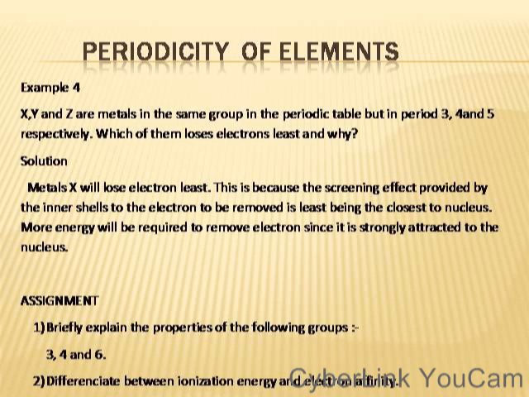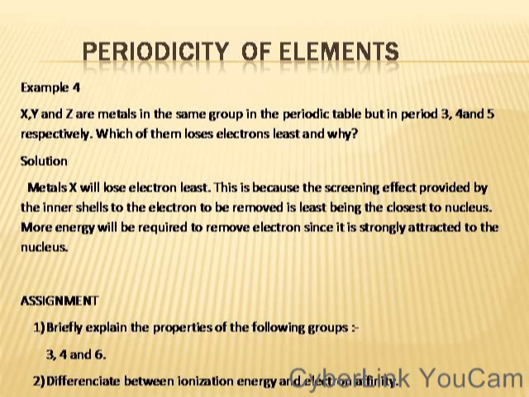It will be easier for Z and Y to lose electrons than X, because X has more attraction to the nucleus than Y and Z. So X will require more energy than Y and Z.